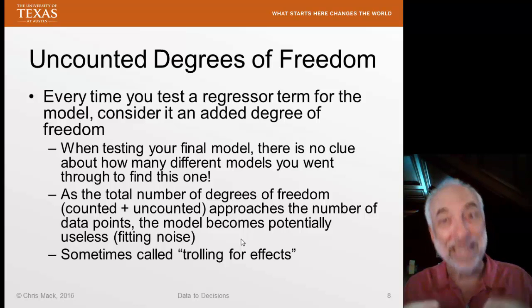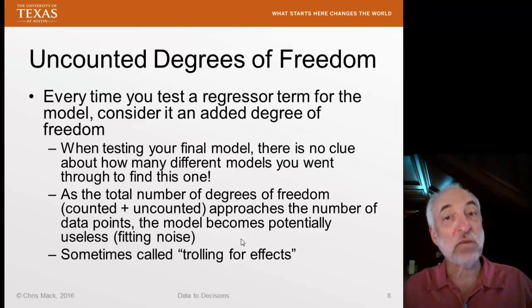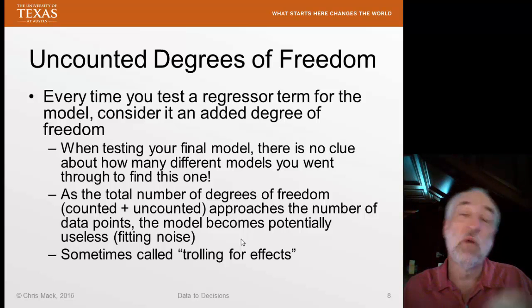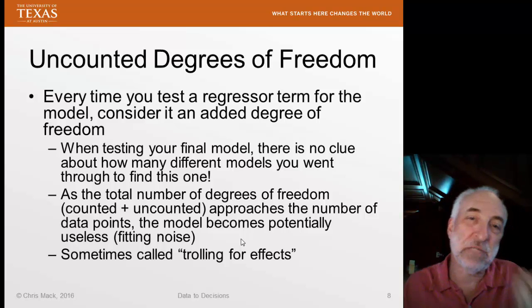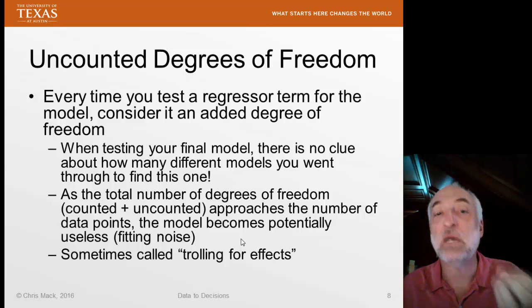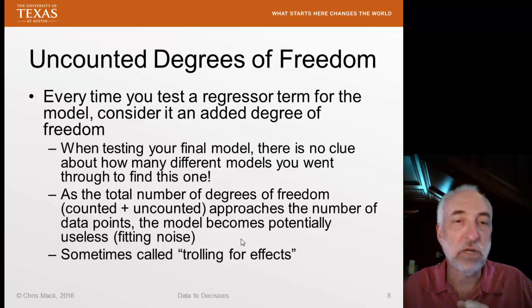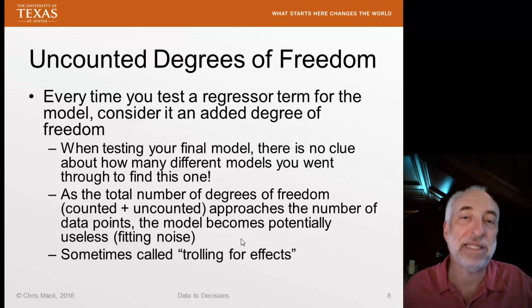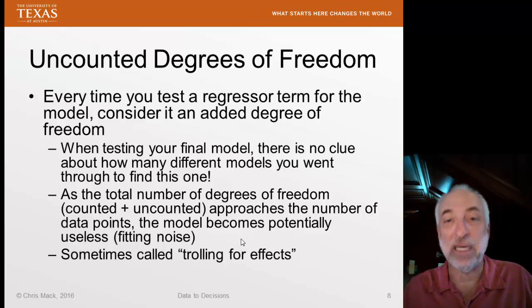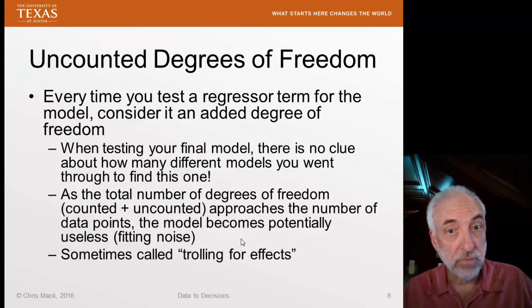But hidden in the model building process is the fact that we've tested lots of regressors that we decided to leave out. In fact, every time we test a regressor and then decide not to include it in our model, that is a hidden or uncounted degree of freedom. We've used information about the data set to decide to exclude that particular model term. Therefore, the total number of degrees of freedom in reality is both the counted and the uncounted number of parameters.